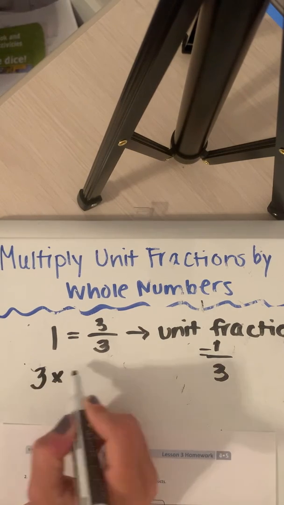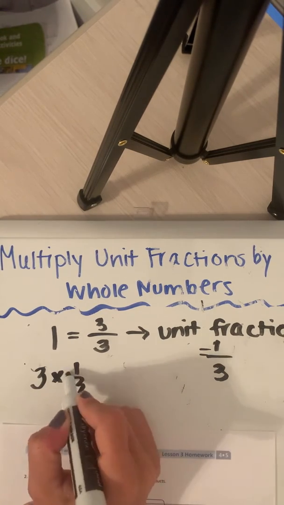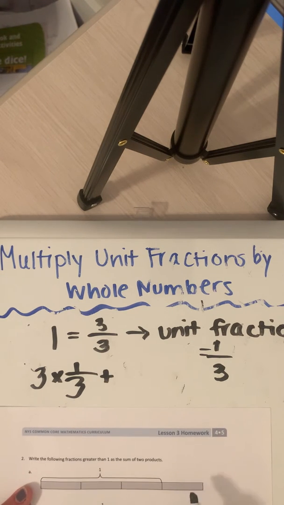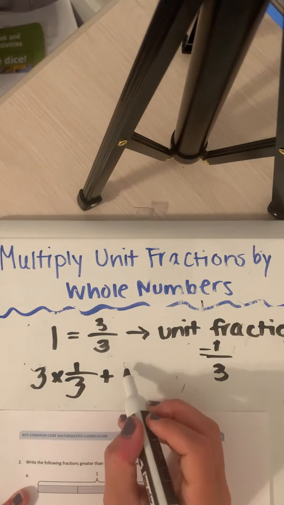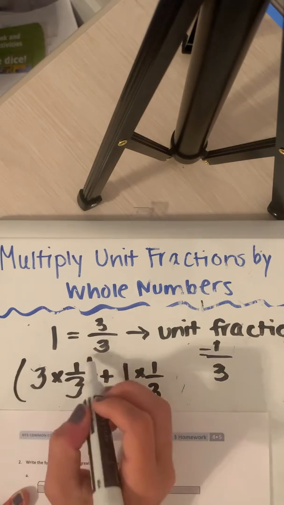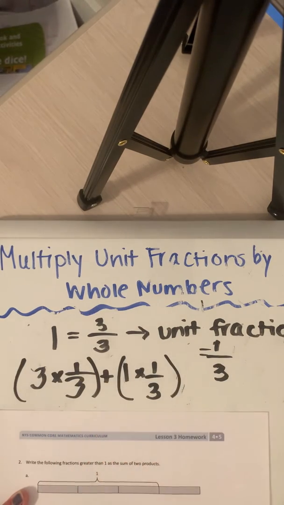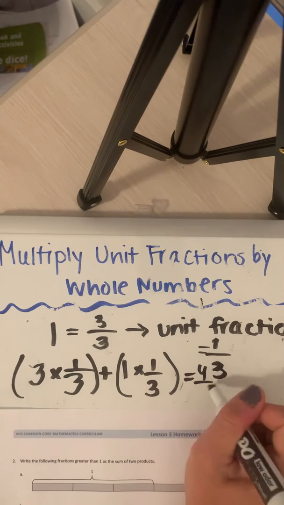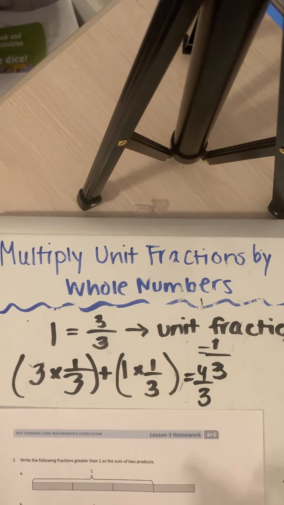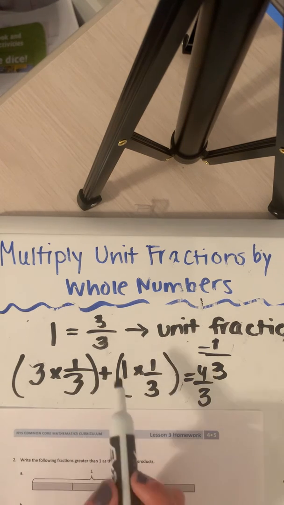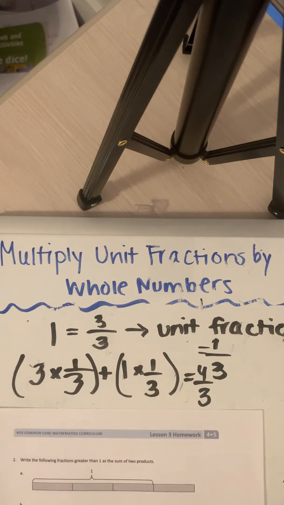I can say 3 times 1/3, plus, and then I have one more right here. So I would write it as 1 times 1/3, and I have to put these in parentheses. So I have 2 different sections. I have my 3, and then I have my 1, and that will equal 4/3. So I'm still using my multiplication, but then I'm adding my products together, all right?